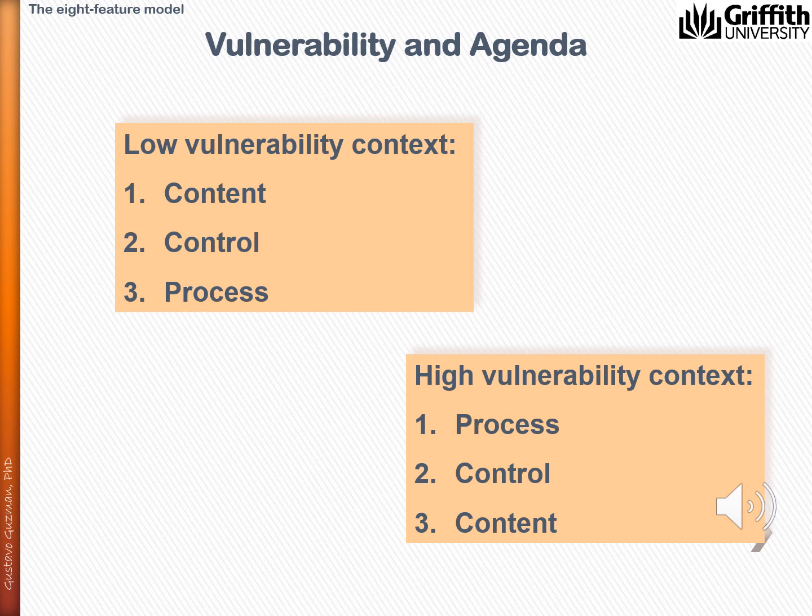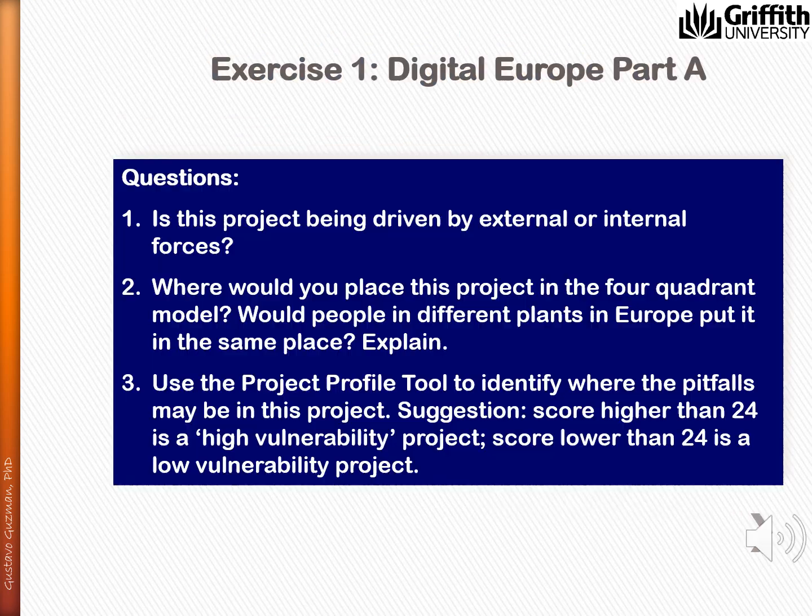And that is why content is number 3 and the process agenda is number 1. It's the most important aspect. In summary, low vulnerability projects need to be managed in a very different way than high vulnerability projects.